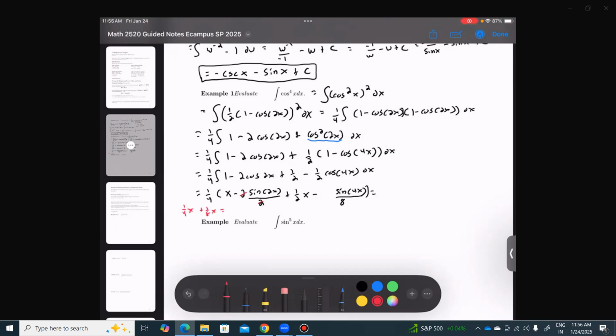And so that's going to be 2/8 x plus 1/8 x, which is going to be 3/8 x. So the first term is going to be 3/8 x. Then sine of 2x, and then sine of 4x over 8.